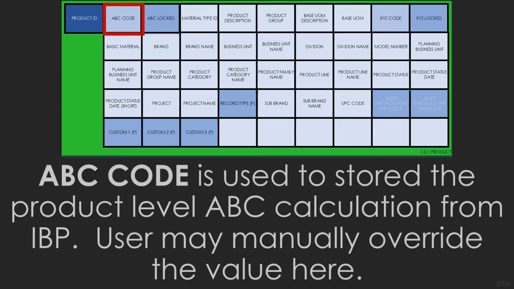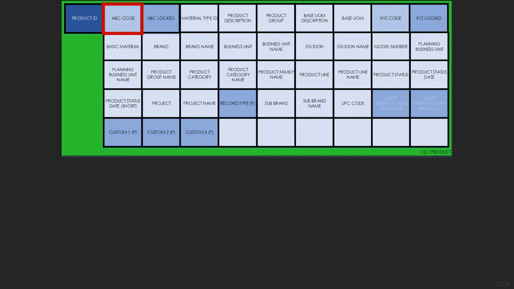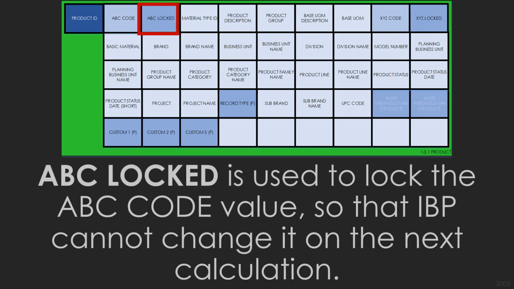ABC code is used to store the product level ABC calculation from IBP. User may manually override the value here. ABC locked is used to lock the ABC code value so that IBP cannot change it on the next calculation.